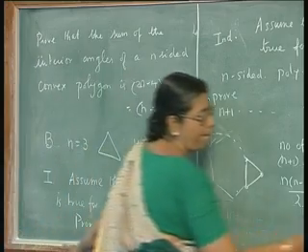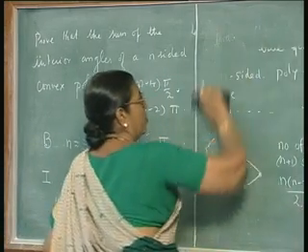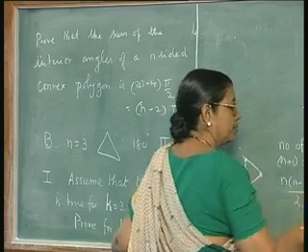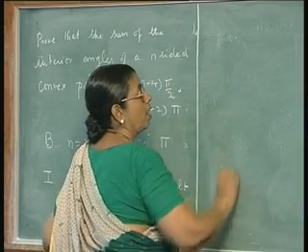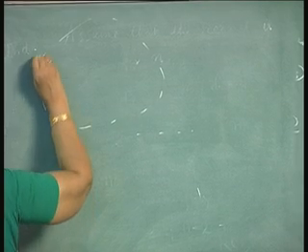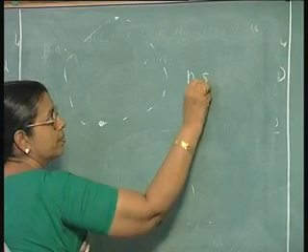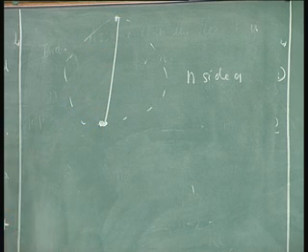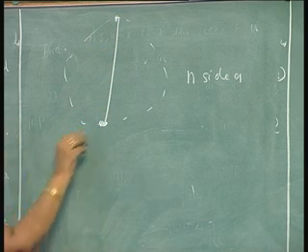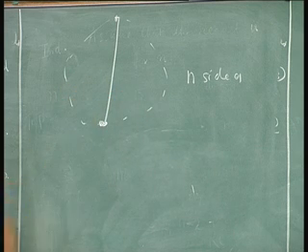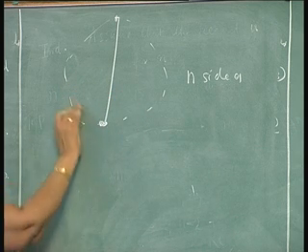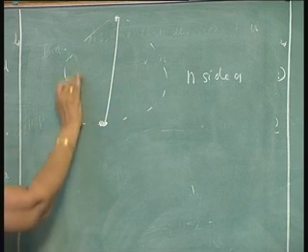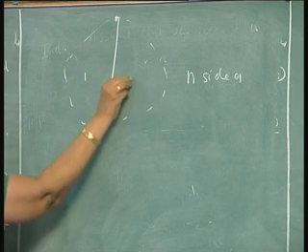How do you prove this? Take an n-sided polygon. Take two vertices and join them by a diagonal. So it becomes two polygons put together, and the sum of the interior angles of the whole polygon is the sum of the interior angles of polygon 1 and polygon 2.